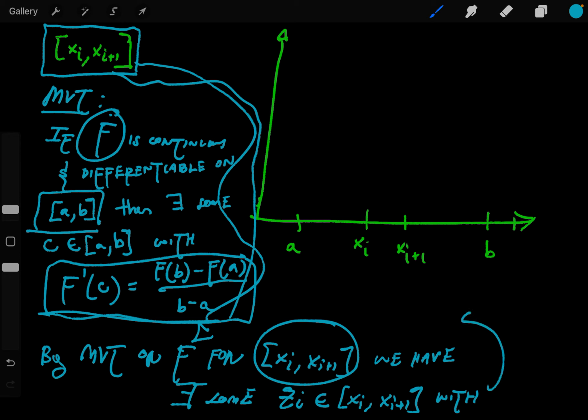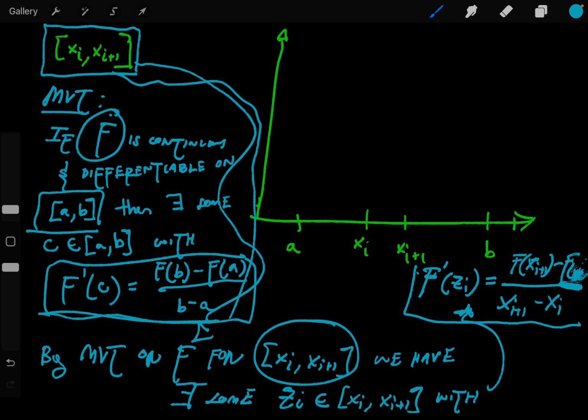With f prime of z sub i equal to f of x_i+1 minus f of x_i over x_i+1 minus x_i. Right?